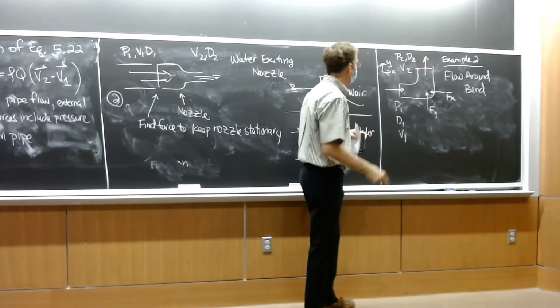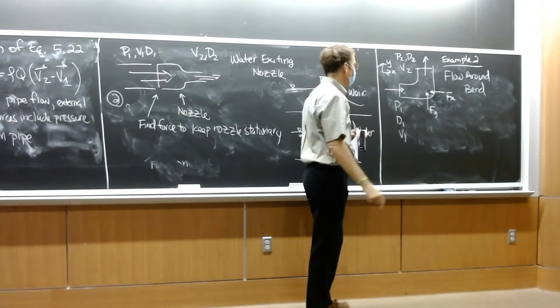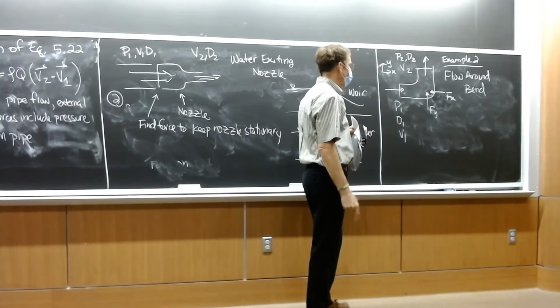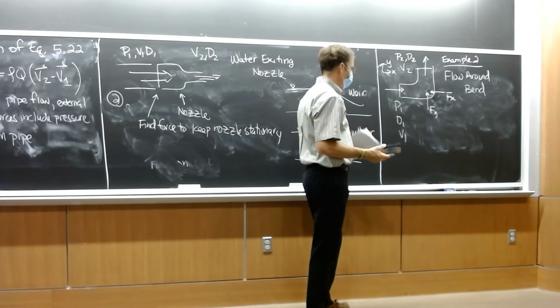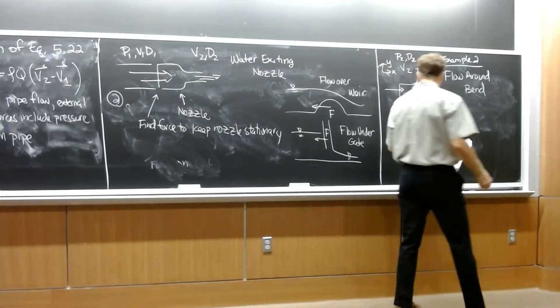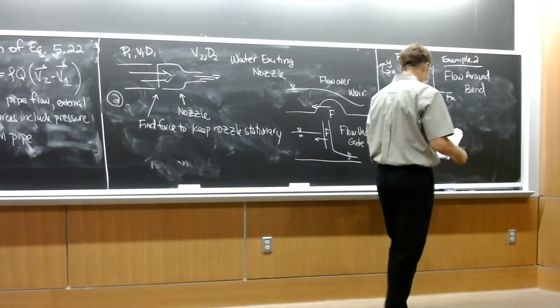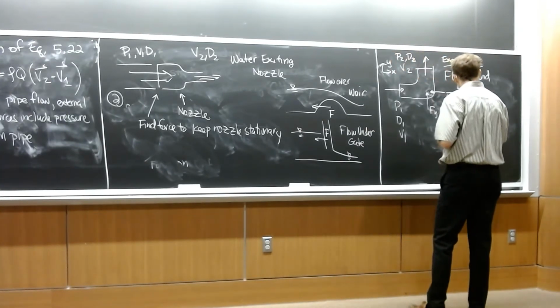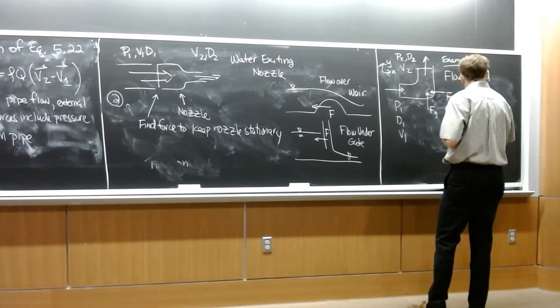We do have to be careful about directions here, so I assume that F of x is in the negative x direction. Now you need the pressures on the inlet and outlet.